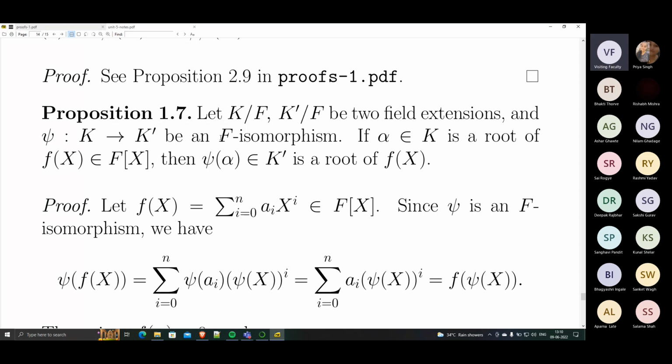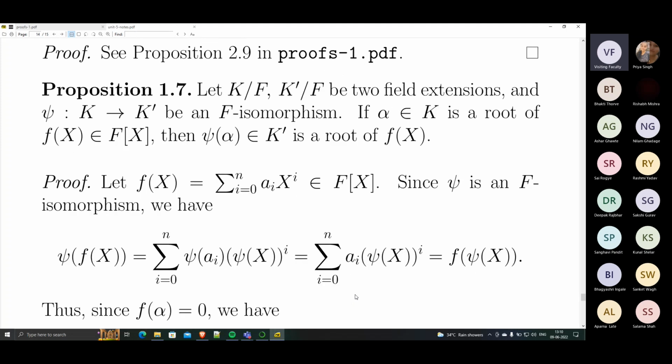But this is an F isomorphism. So F ring homomorphism. Therefore, elements of F are fixed. a_i are elements of F. So these are fixed. So psi of a_i is just a_i. So psi of f of x is just summation over a_i times psi of x whole raised to i. Therefore, these coefficients are the same. So this is now f of psi of x.